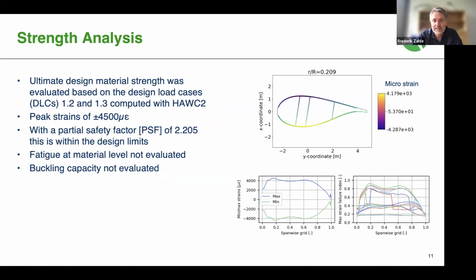Moving on to the strength analysis, here we then loop back between the load analysis and the strength analysis, where we apply the loads coming out of a full design load basis, or DLCs, from DLC 1.2 and 1.3 computed with HAWC2, and then we apply these load vectors to check that the ultimate strength of the blade holds. We have not evaluated fatigue and buckling capacity of the blade yet.